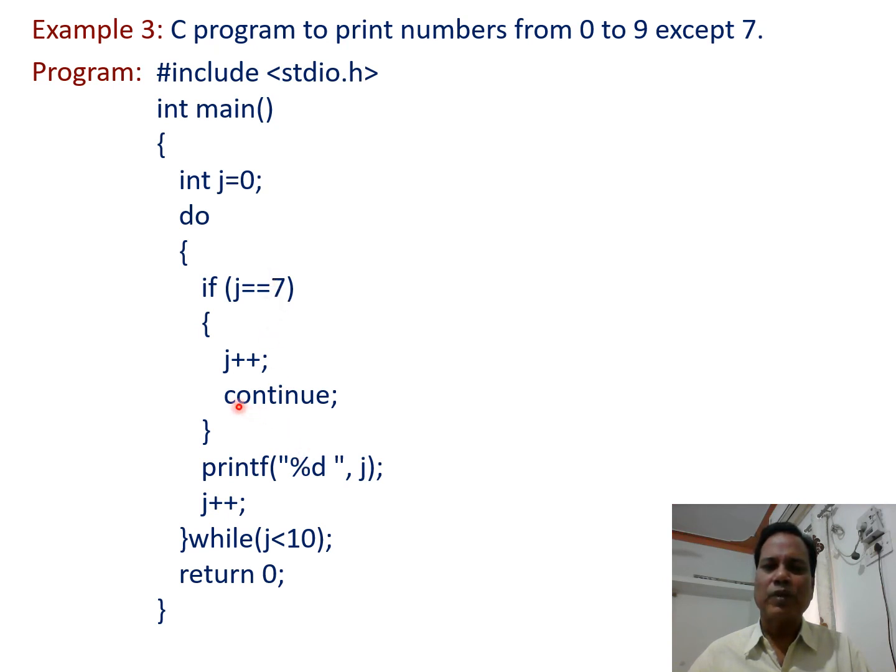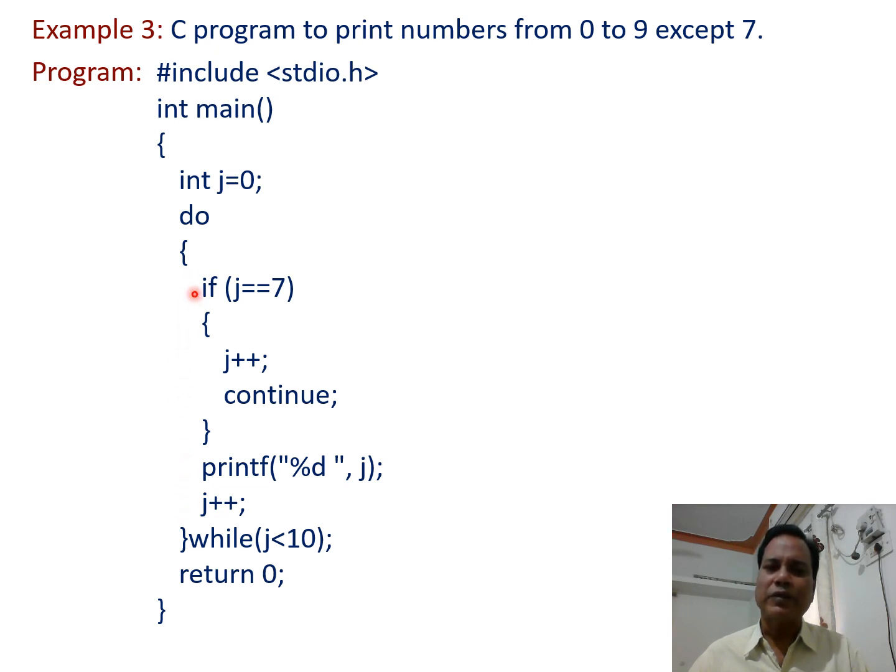So the continue statement is skipped, and using the printf statement, we print the value of j, that is 8, at the output screen, and the value of j is incremented. Again, when the condition is tested, it is true. So again, control enters the body of the do while loop.